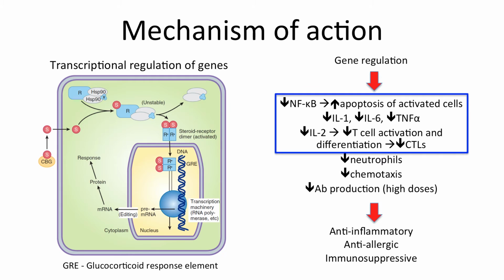They do not act on cell surface receptors, but diffuse into the cytosol and bind to specific receptors in the cytoplasm, and then the receptor-steroid complex translocates into the nucleus and finds its target genes to regulate them. In fact, about 1% of total genes in a cell can be regulated by these steroids.